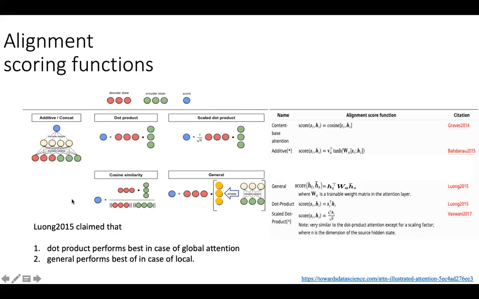All these different scoring functions were experimented with by Luong in a 2015 paper, and according to him, the dot product performs best in the case of global attention, whereas the general scoring function performs best in the case of local attention.